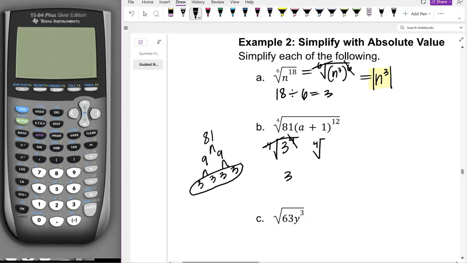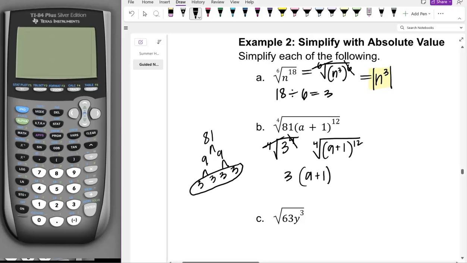The 4th root of a plus 1 to the power of 12. Just like the last problem, take the power of 12, divide it by the number on the radical, 4. 12 divided by 4 is exactly 3. Remainder is 0.